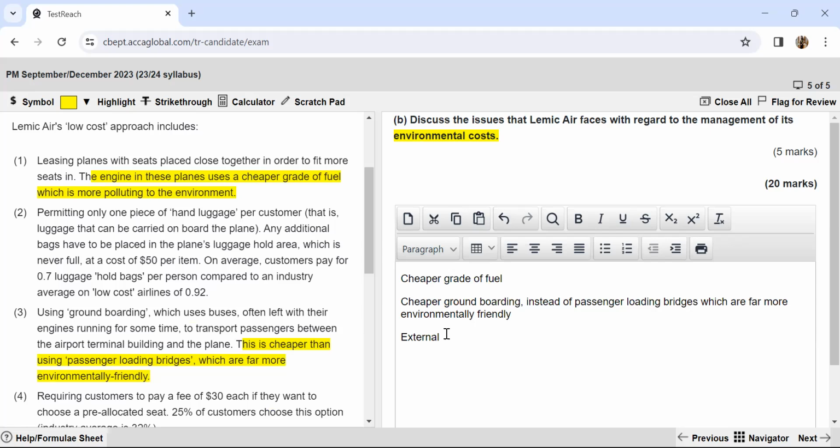Lemic Air has to keep these costs to a minimum, because with the approach that they're following, as a low cost pricing airline company, the profit margins are very low in such a business, right? So it cannot afford to make decisions which would result in reducing these costs, because they will probably not be able to use a less polluting fuel.